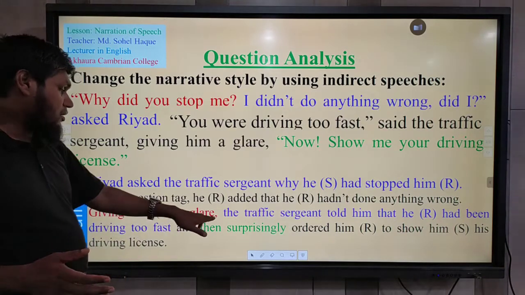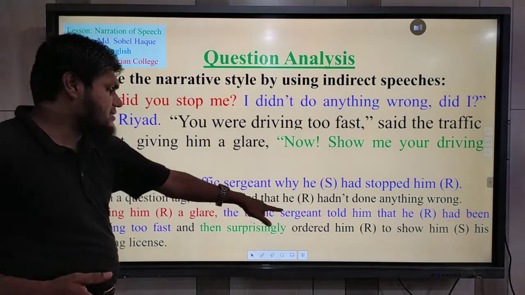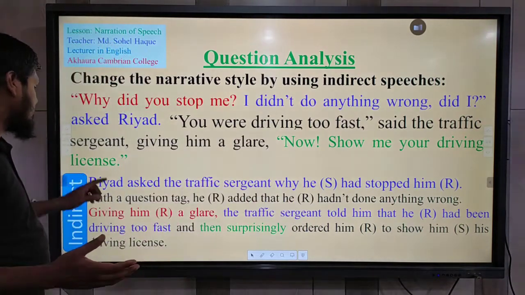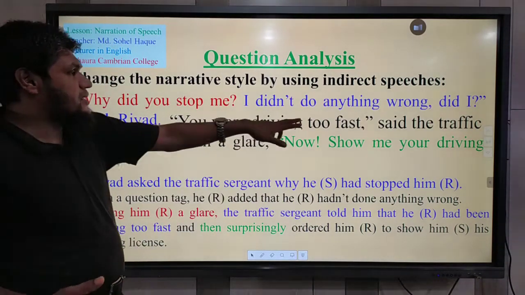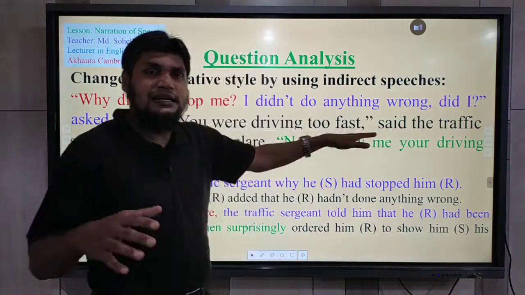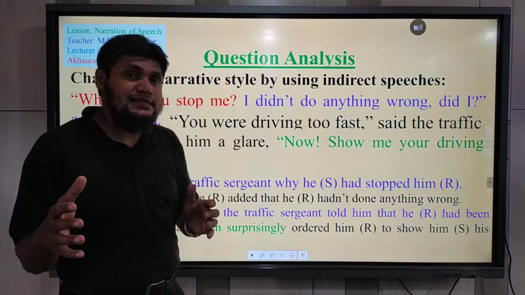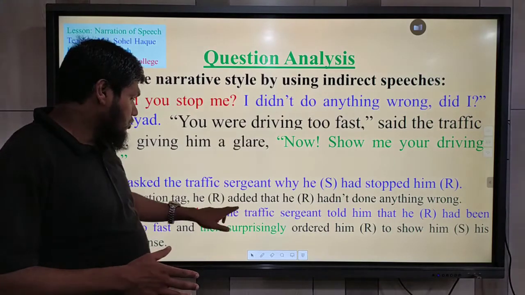Again, comma. The traffic sergeant told him. Why should I use told him? I take traffic sergeant. The traffic sergeant is the speaker, and who is the listener? Here. So I used him.